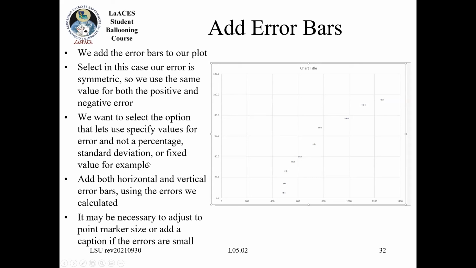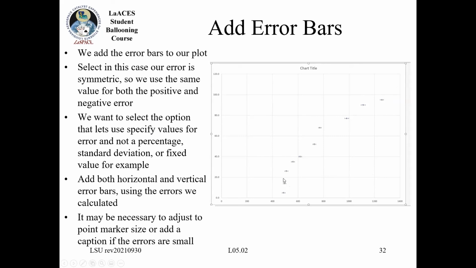There's going to be an option in Excel to do a percentage, which is not what you want to do, or a fixed value, which would basically be the same error for every data point. So what you're going to want to do is add a horizontal and vertical error bar to each one of these points so that you can show it.